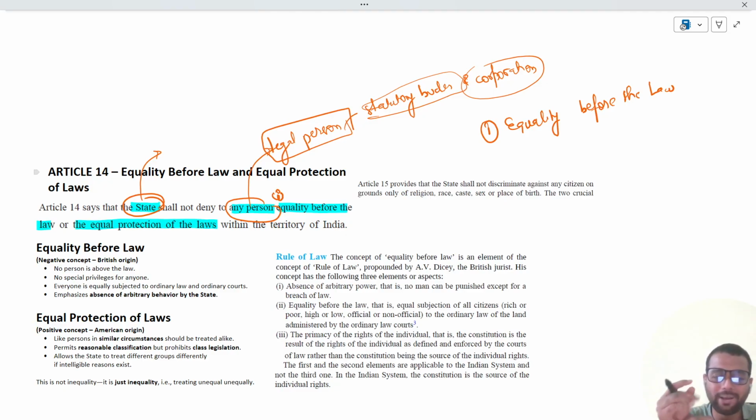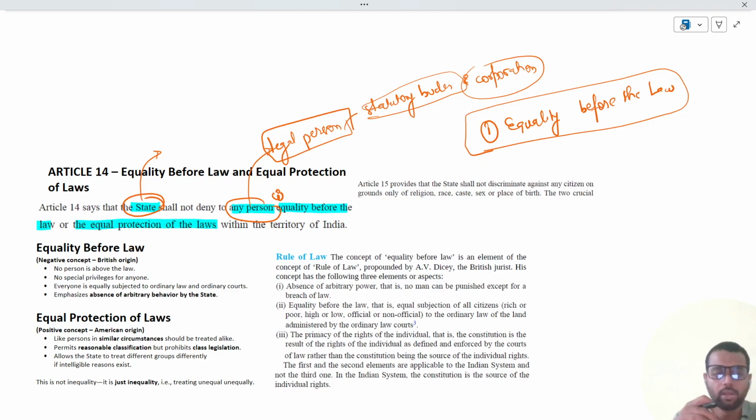So an equal punishment is given to both the IAS officer as well as the clerk. The law is not differentiating that you are an IAS officer, so you will be given a lesser punishment, and he is a clerk, so he will be given a higher punishment. The state shall not discriminate. Before the eyes of the law, everybody is equal. That is what we understand by equality before the law.